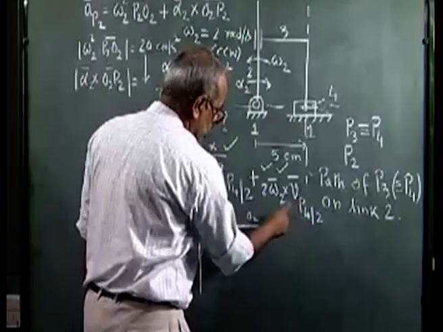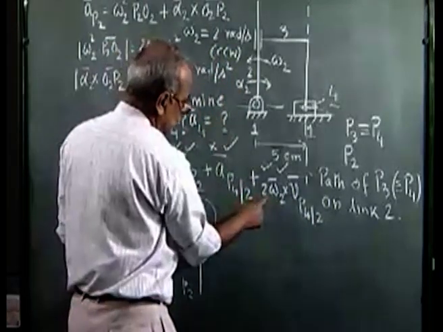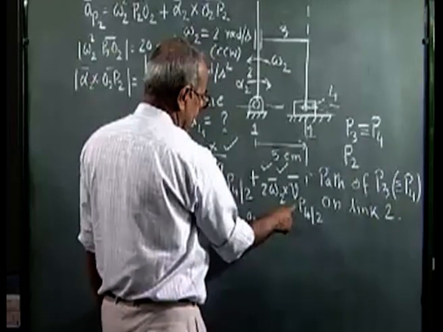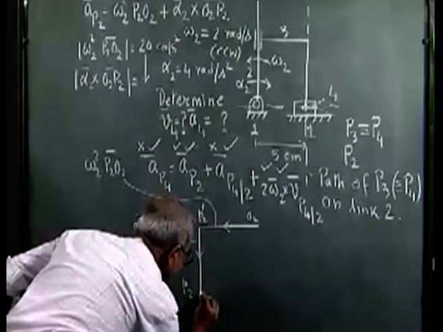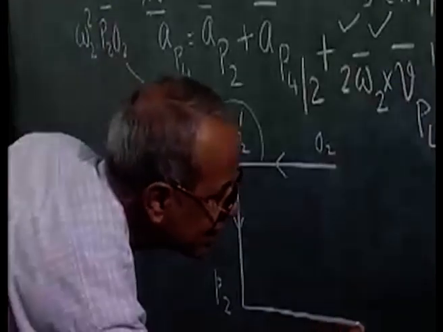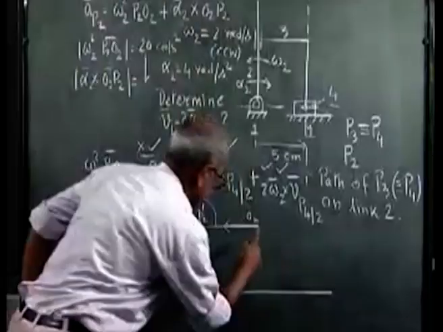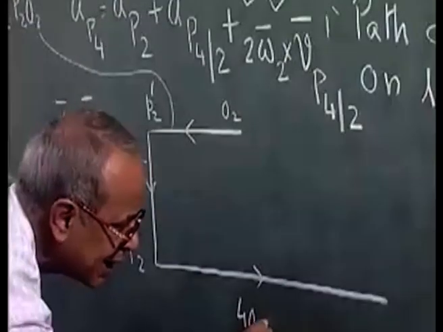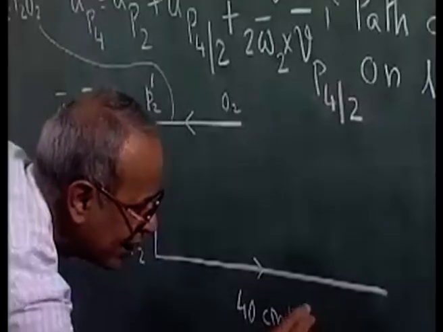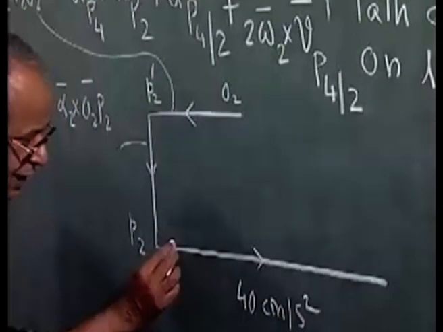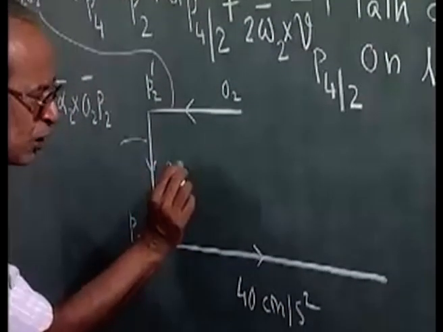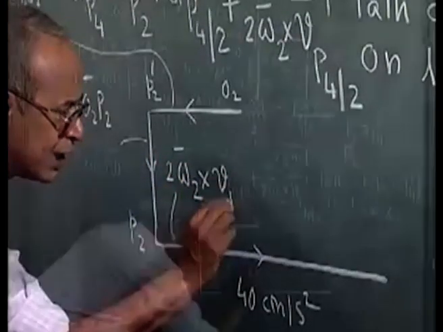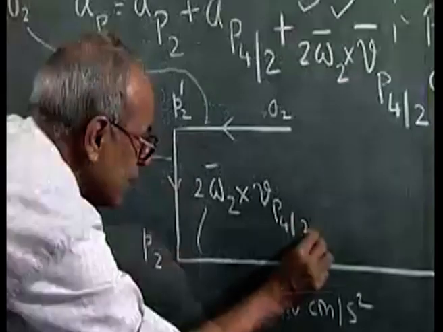Let me draw this vector at P2. Vp42 was 10, omega 2 is 2, so 2 into 2, 4 into 10, 40 centimeter per second squared, and it is in the horizontal direction, but double of this length. This is 40 centimeter per second squared, and this vector represents twice omega 2 cross Vp42.